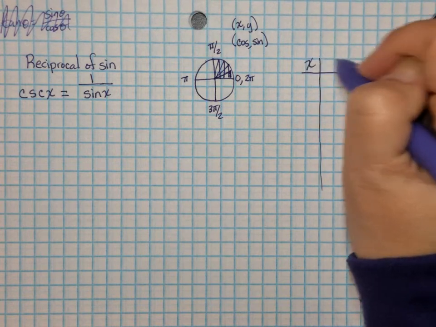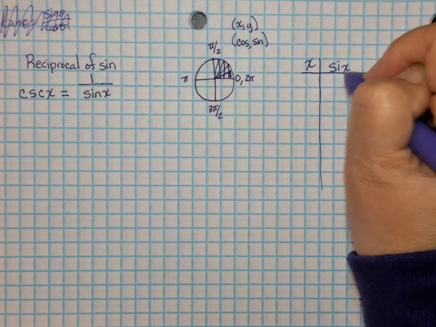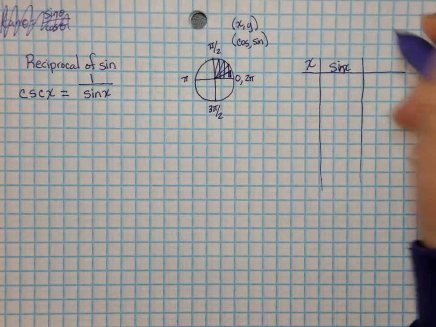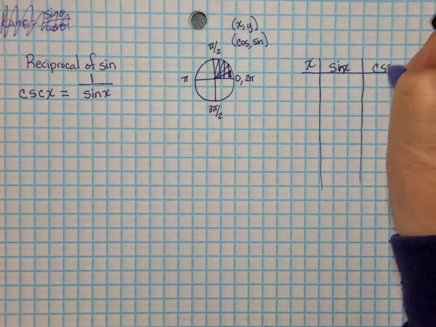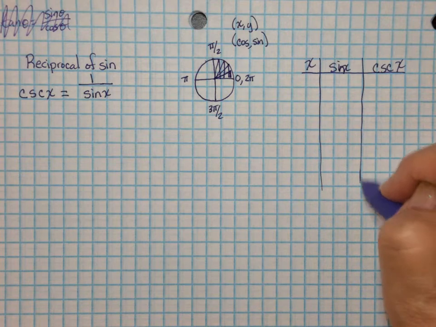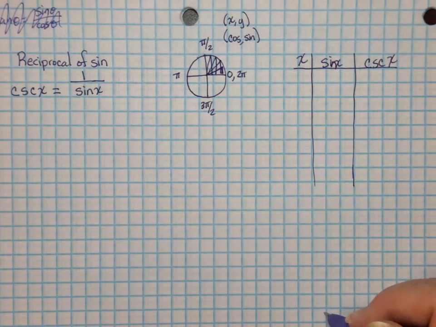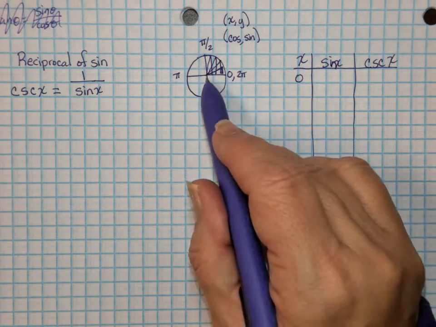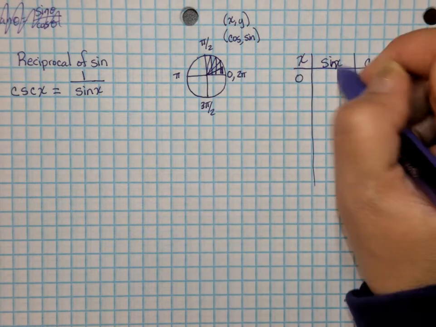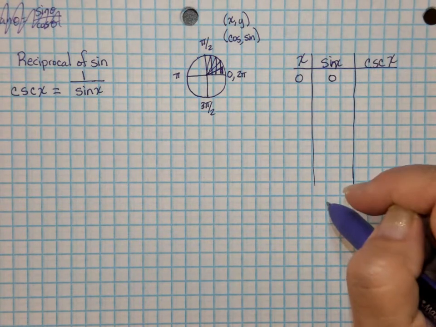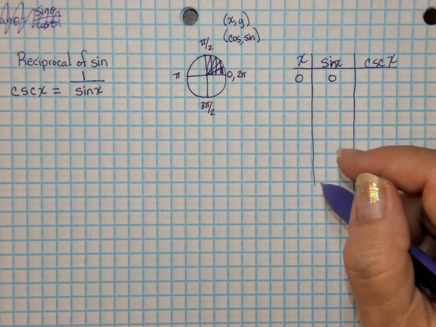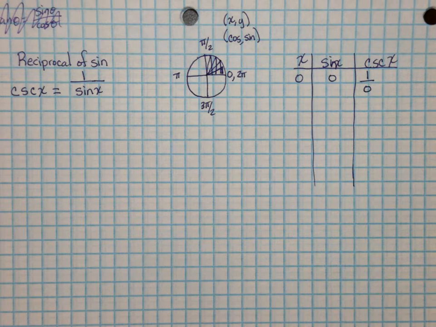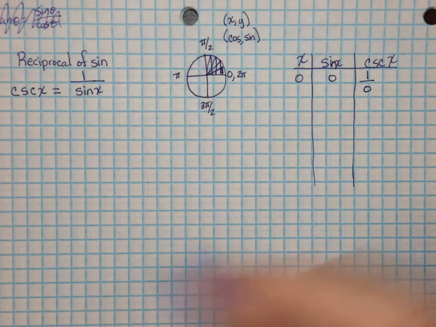So, if we go in and make a table of values, we're going to do x, and we're going to look at sine x, and then we're going to look at cosecant of x. So at 0, our y value is 0. So that means our cosecant is 1 over 0, because it's the reciprocal.